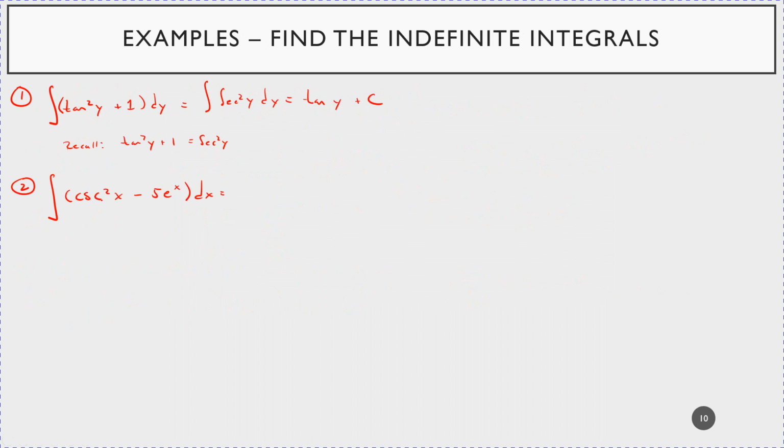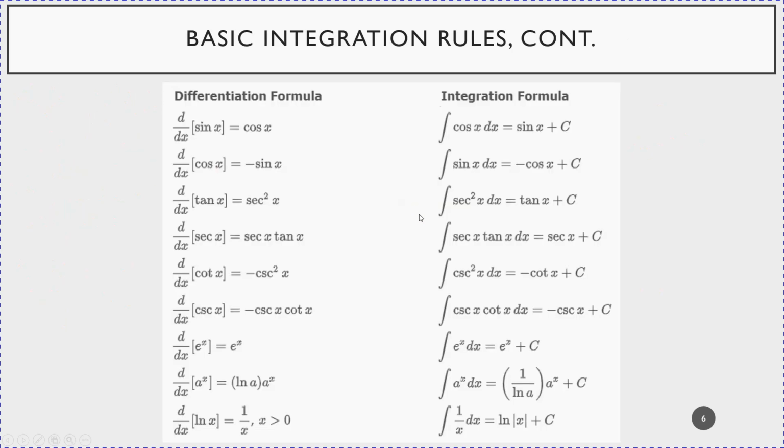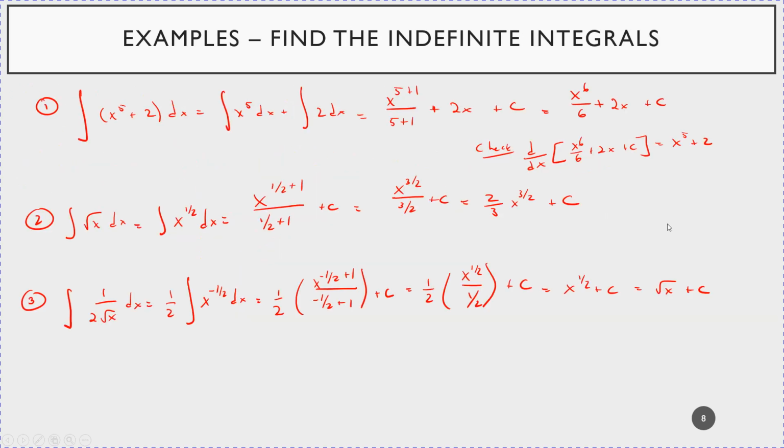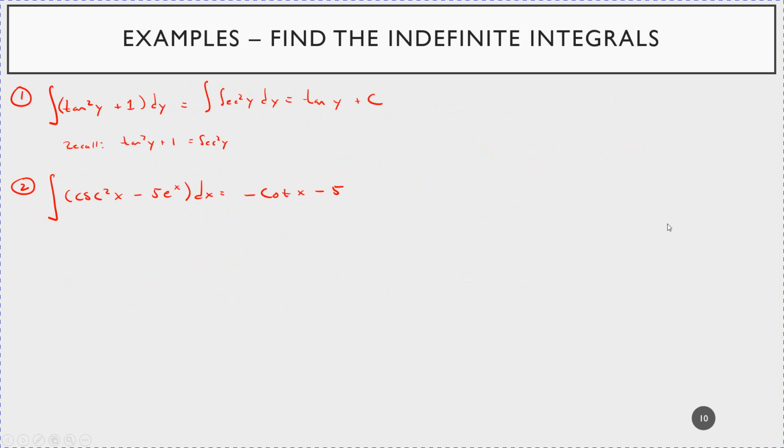So this first part here is negative cotangent of x minus, and then the 5 here. Well, then what is the integral of e to the x? Well, look, the integral of e to the x is just e to the x, because the derivative of e to the x is just e to the x. And then my plus c for the constant of integration.